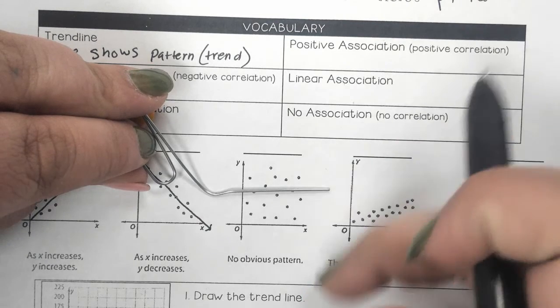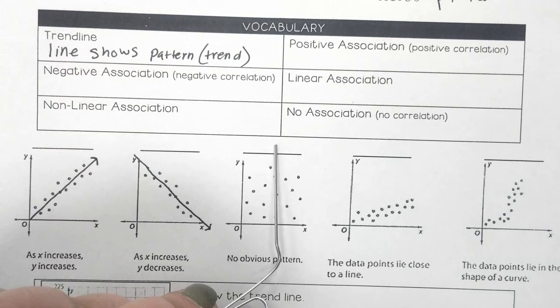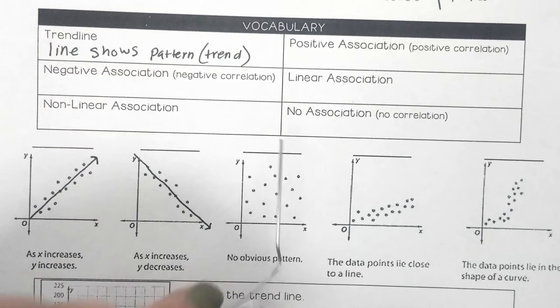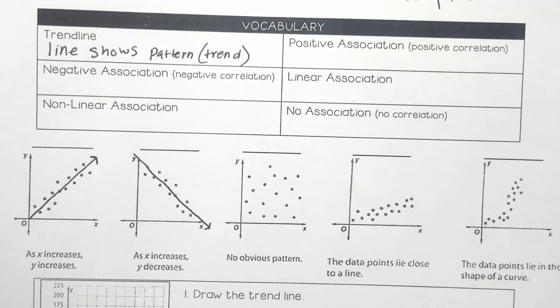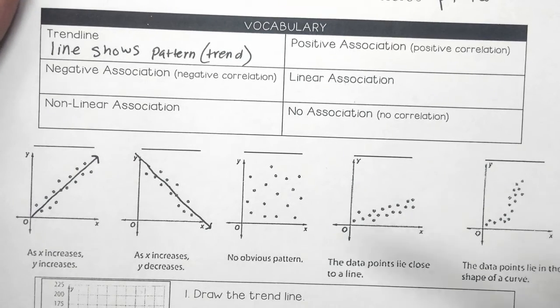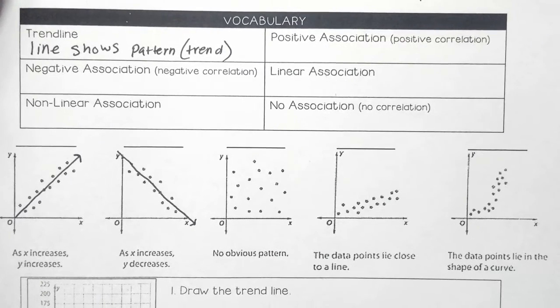It could be anywhere. You could do the same thing vertically. Again, it's not going to give you any idea about where to expect more data to appear. So since there's no obvious pattern and a trend line has to show a pattern, there's going to be no trend line that we can draw on there. So let's go ahead and skip that one for now.